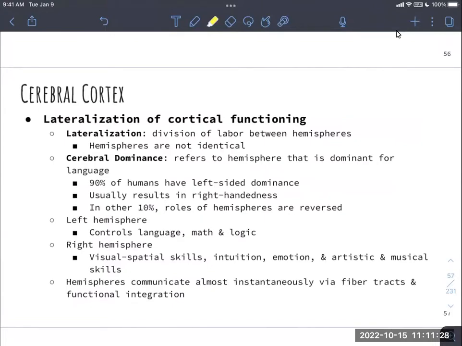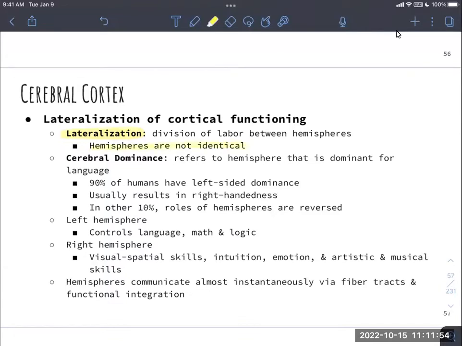So our brain, as I kind of mentioned at the beginning of this PowerPoint, does a lot of lateralization. And lateralization kind of divides the jobs between hemispheres, between right and left hemispheres. And it kind of just depends on what specific stimulation is coming in.